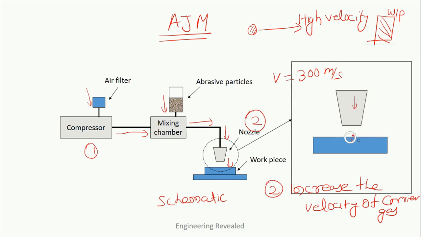A small part of the workpiece is damaged or removed by the strike of the abrasive particle, and the carrier gas also removes the damaged part or the chip. So during this process, thousands of abrasive particles come through the nozzle and strike the workpiece, so that each particle removes a very small amount of material. So the combined effect is removal of a large amount of material.